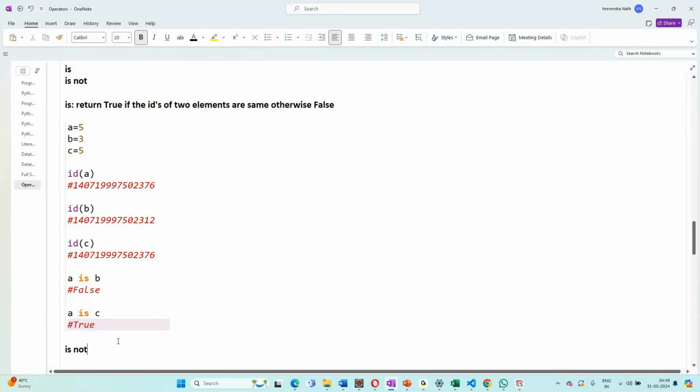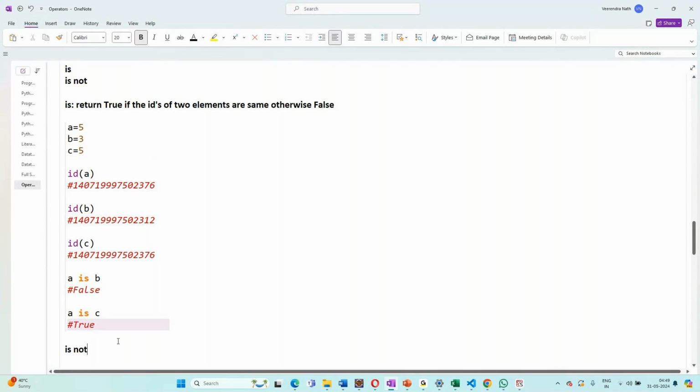A is not C will be false. This is the way we look at the identity operators, and this is the end of the operators.